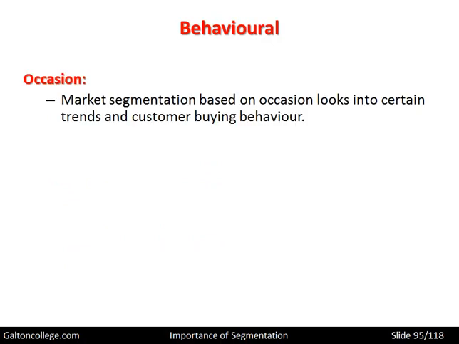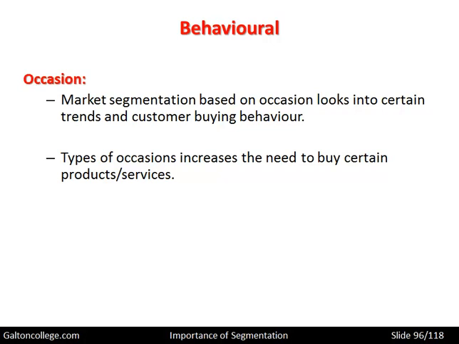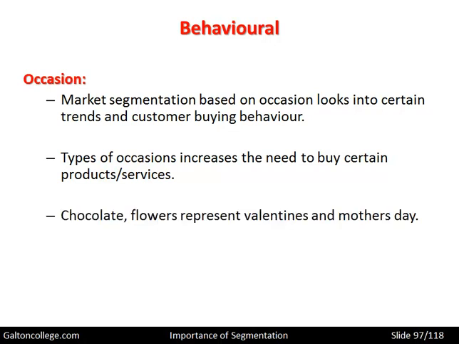Occasion. Market segmentation based on occasion looks into certain trends and customer buying behavior. Types of occasions increase the need to buy certain products and services. So we must look at the types of occasions that we're dealing with. So for example, chocolate and flowers and Valentine's and Mother's Day.